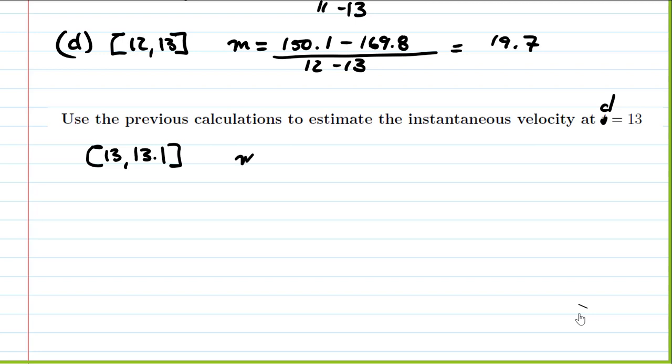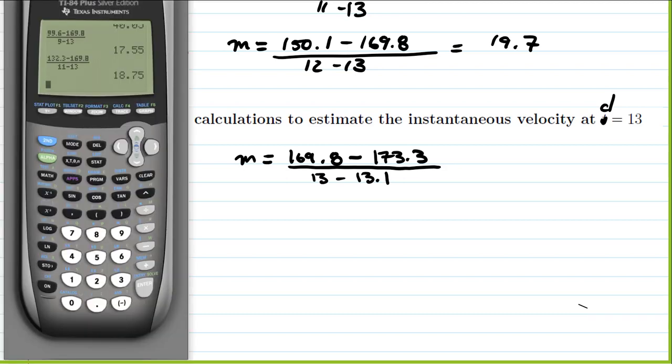So if we did that, at 13, we know we had 169.8 minus 173.3 at 13.1, all over 13 minus 13.1.